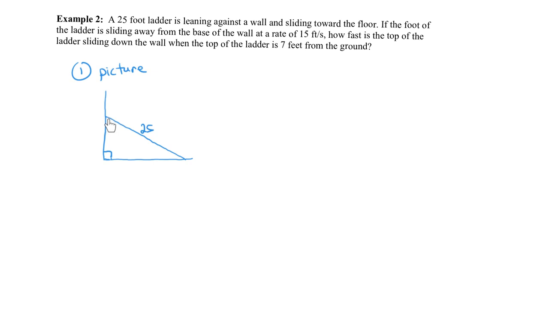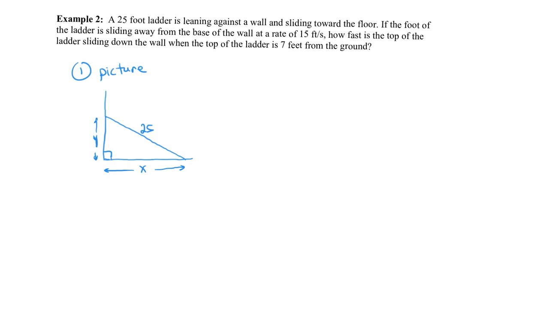So as the ladder is falling, this end here is sliding away from the wall in this direction at 15 feet per second. I'll label this to make it a little easier to deal with. I'll call this distance here x, and this distance here y. And of course, this is a 25-foot ladder.